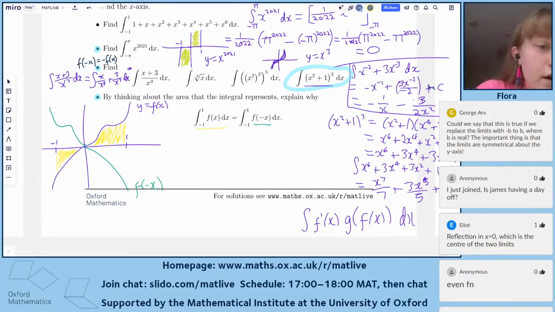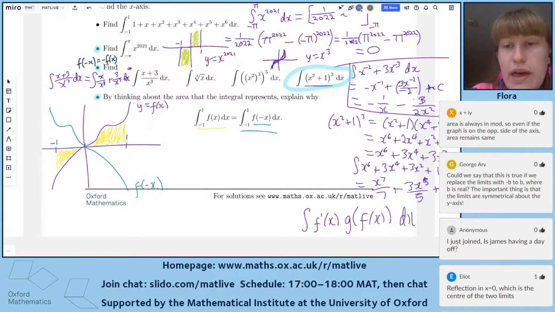So then you're thinking, okay, what does this integral represent? It's the same thing, it just has minus x. So surely it's going to be this area minus this area.